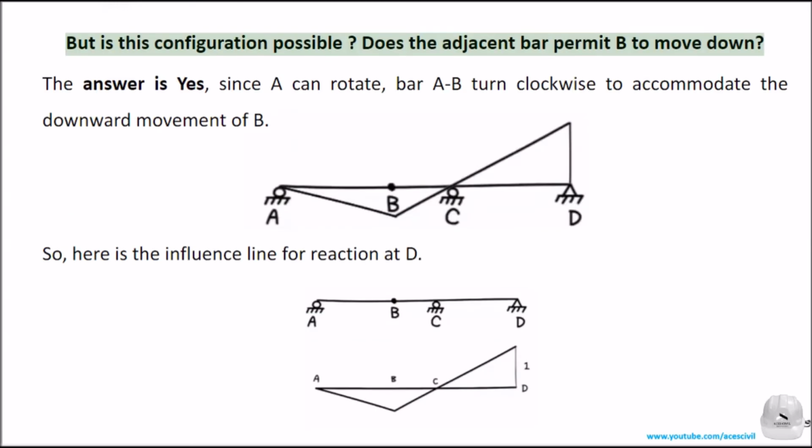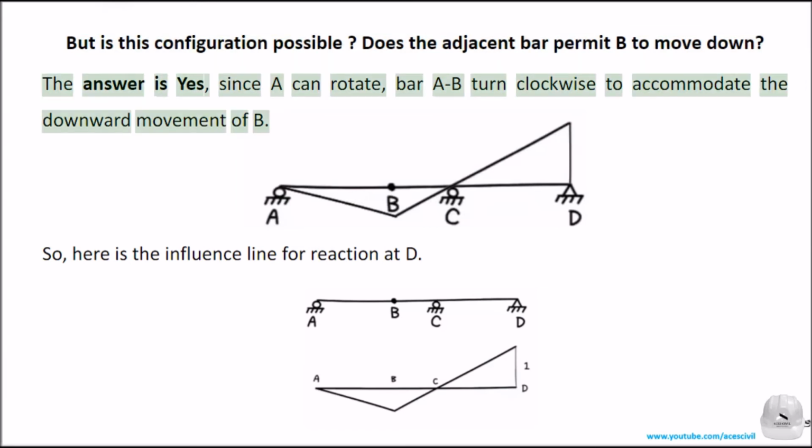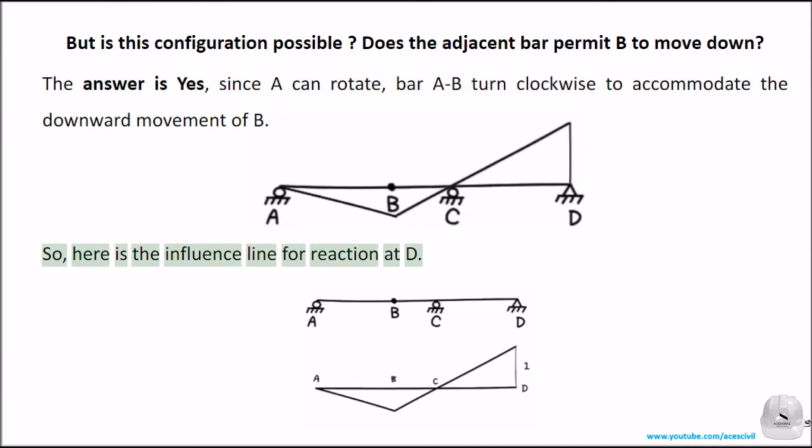But is this configuration possible? Does the adjacent bar permit B to move down? The answer is yes, since A can rotate, bar AB turns clockwise to accommodate the downward movement of B. So, here is the influence line for reaction at D.